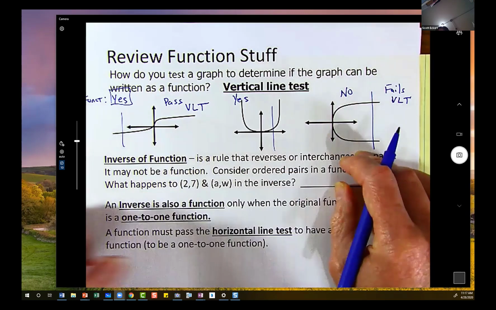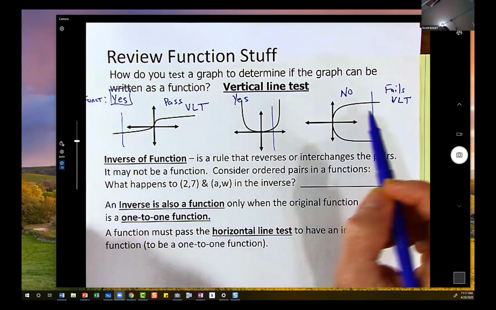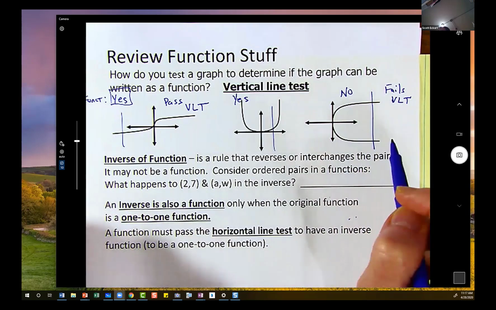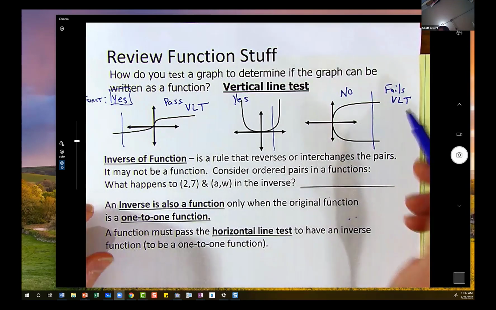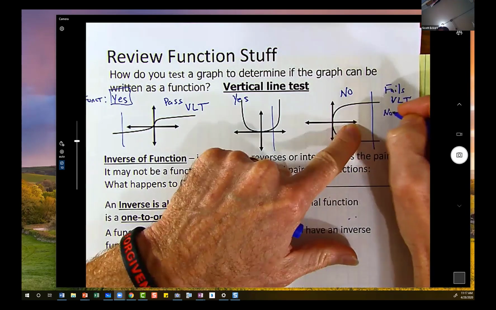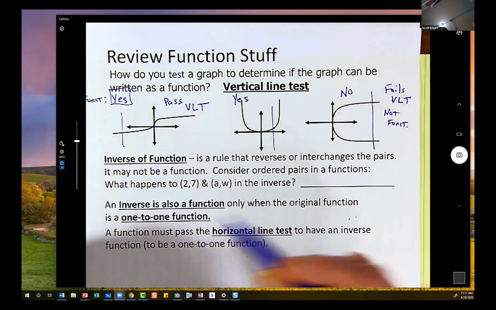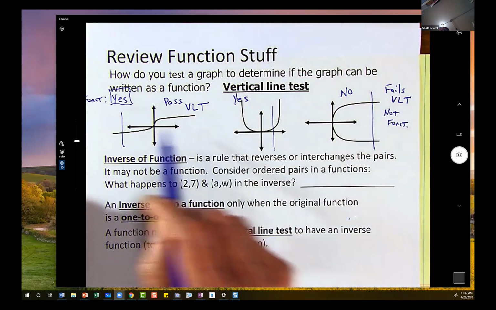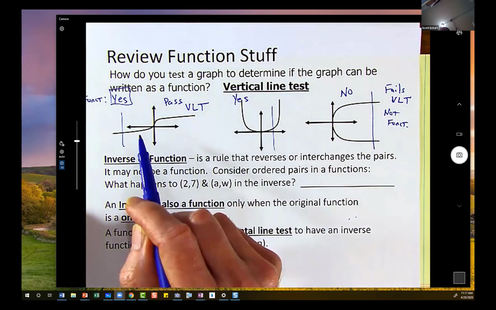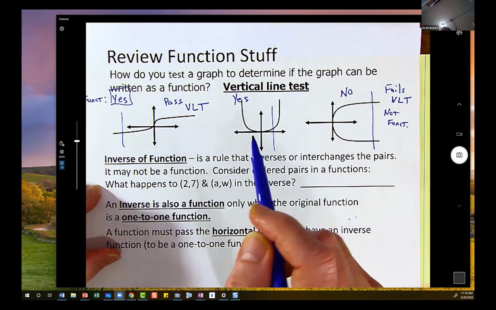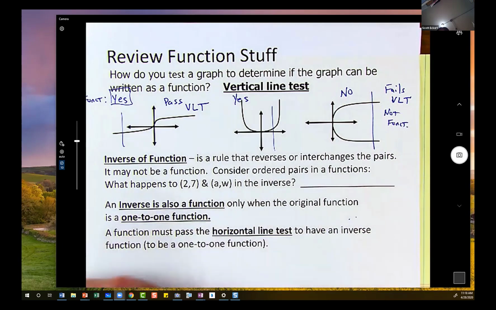Okay, so if it's not a function, then the question of inverse function is a moot point, because we don't need to really talk about inverse functions. But the first two are functions. Now the next question is, if they're functions, is there an inverse function? Well, what is an inverse function?